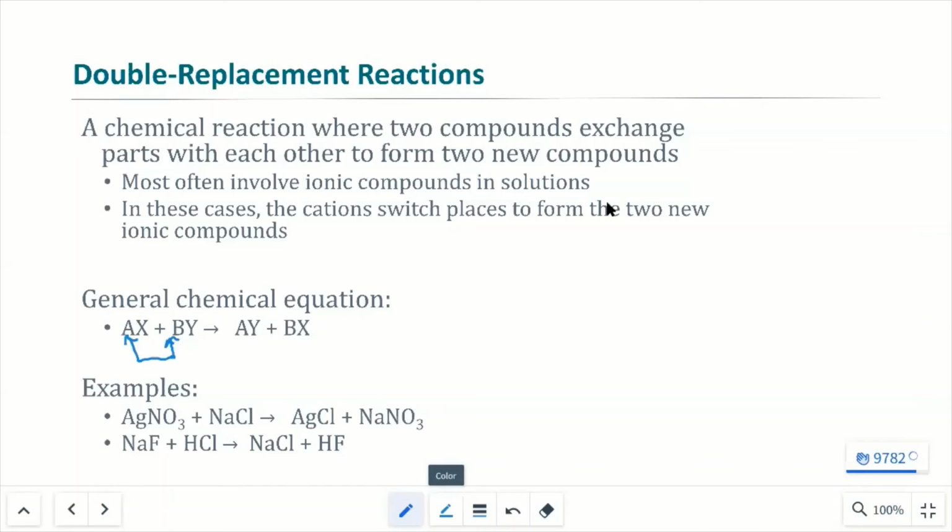These reactions all occur in aqueous solution. They don't occur really outside of the solution. And they're unique in another couple of ways as well. And when we get into solubility rules and net ionic equations, which is next chapter, we'll see even more about the things that govern these reactions.